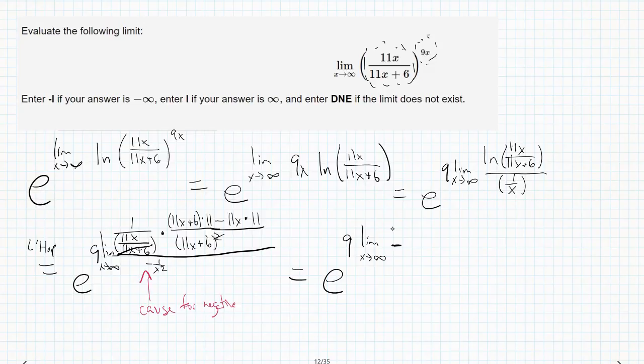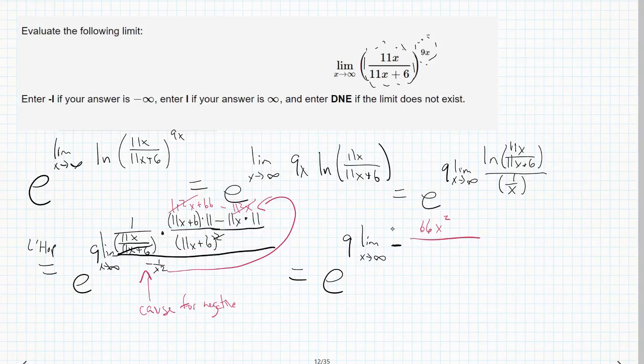Now, taking a look at this part, where do we go from here? So notice this is 11 squared times x plus 66 minus 11 squared times x. Okay, so it looks like the 11 squareds times x will cancel, and so we'll be left with 66 x squared, right? The x squared comes from moving this up top. And then down below, what we're left with is 11x plus 6 times 11x. So 11x times 11x plus 6. Wowzers, right?